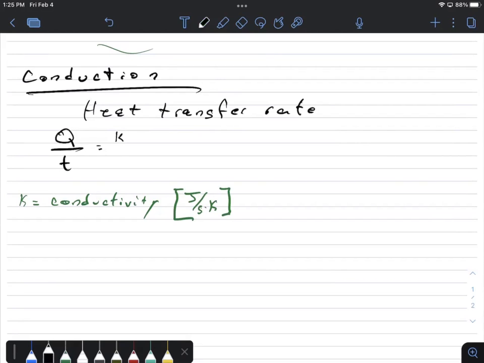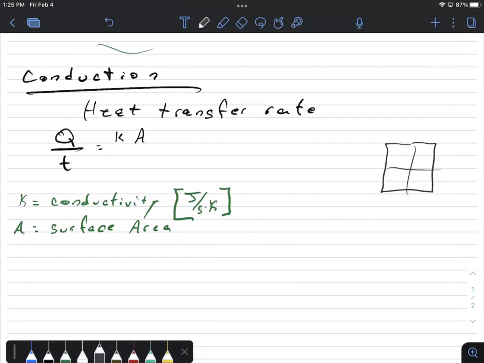So that's conductivity times how big of an area you have to allow the energy to flow through. So this is called the surface area, A. Let's say we're talking about a window. Here's a window. And outside, it's really cold right now. Inside, hopefully, inside your house or your apartment, it's warm.